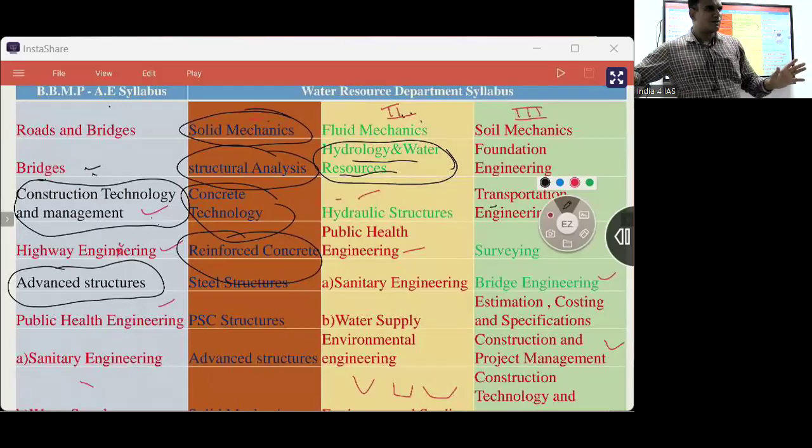Am I right or wrong? You go see, and which is the district having more number of rivers? Bhima. Fine. Bijapur.